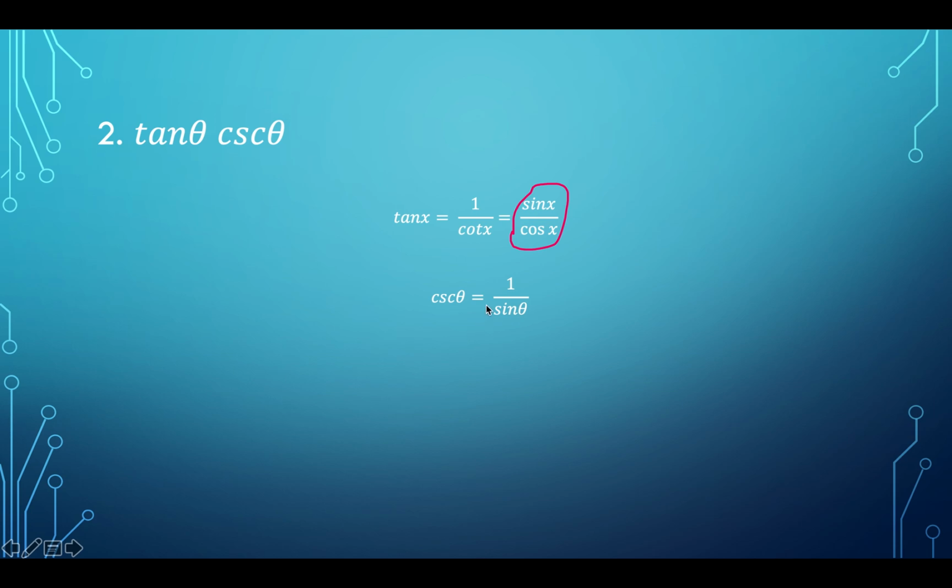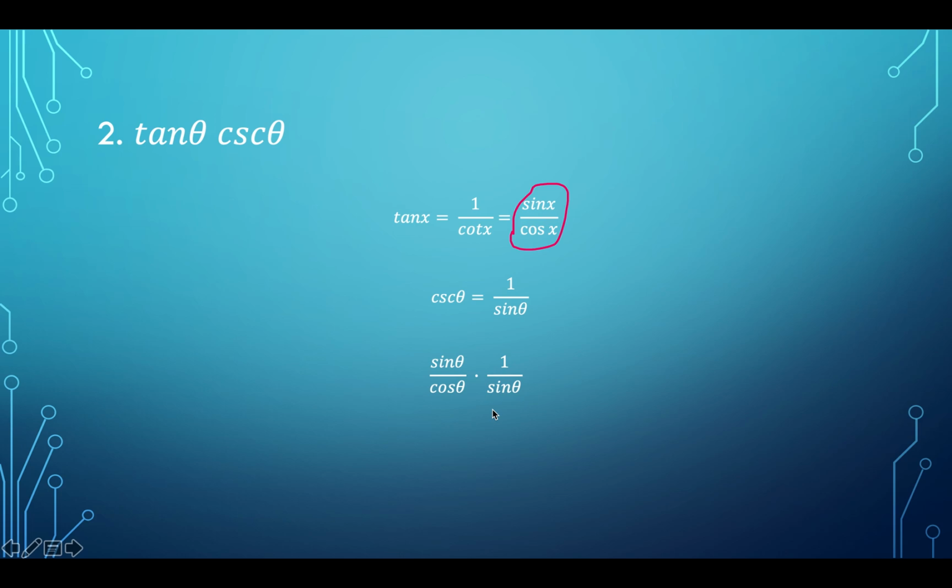So CSC is equal to 1 over sine. Now we just go back in and substitute. Instead of writing tan of x, we're going to write sine of theta over cos of theta, and then times, instead of writing CSC of theta, we're going to write 1 over sine of theta.